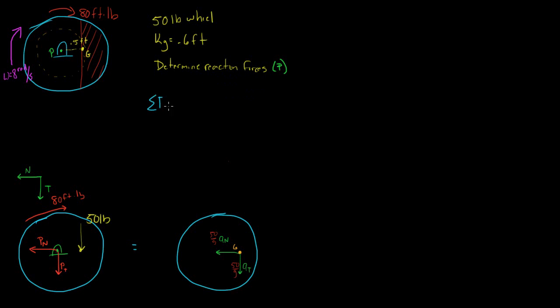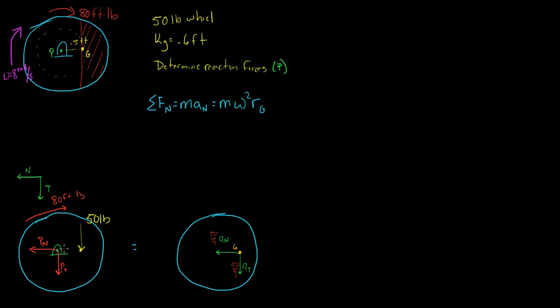So we have the sum of the forces in my normal direction equals my mass times my acceleration in my normal direction. And I guess I'll just substitute in right here that this is equal to mass times my angular velocity squared times my distance to the center of mass.